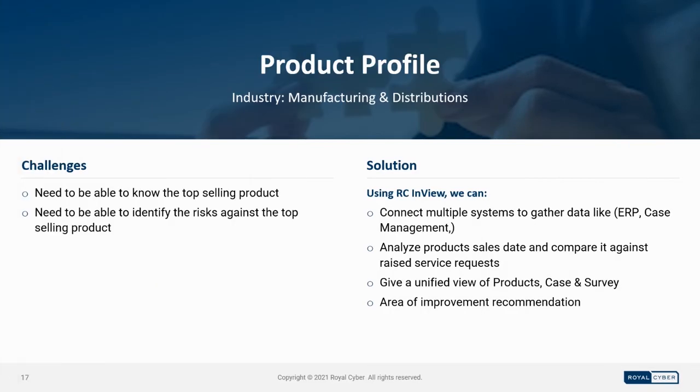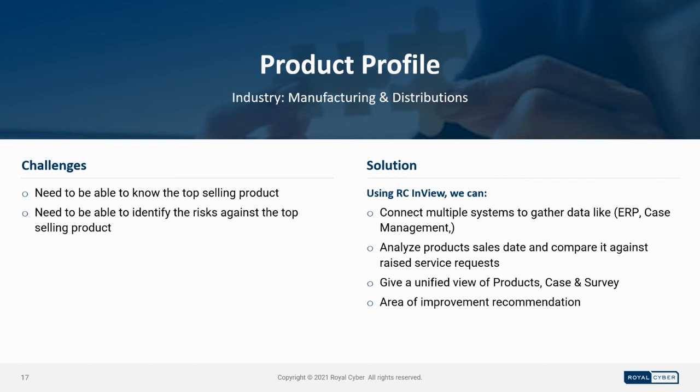So when I say product profiling, this is basically for manufacturing and distribution industry. So over here what we're trying to say is we have products data, we have the service data, and what we're trying to do is combine the product and the service data and then give a unified view to the management stating which product is doing well and which product is having a lot of cases being raised as well.